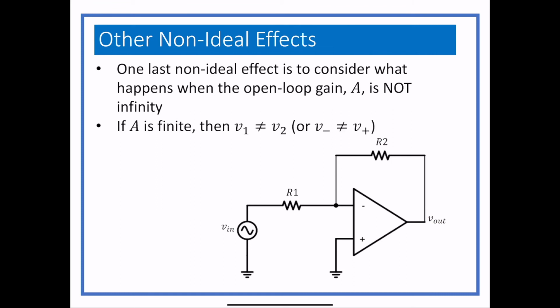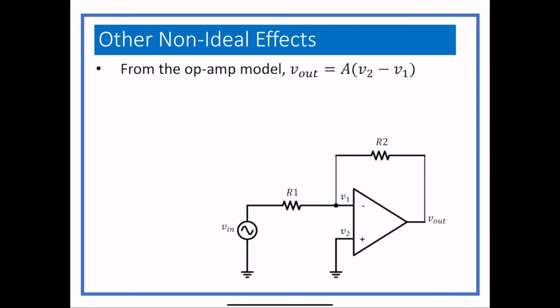But if it's finite, then those two voltages, V minus and V plus, aren't equal. It basically means all the stuff that we learned about op amps isn't true, or is less true than it was. So we actually have to go back to the op amp model, which I'm not going to show you. I'm just going to say this is where this comes from.